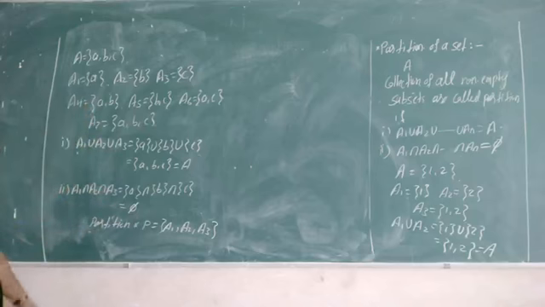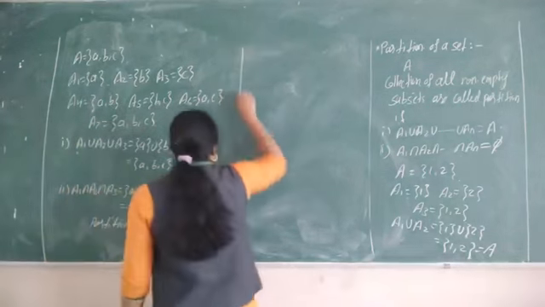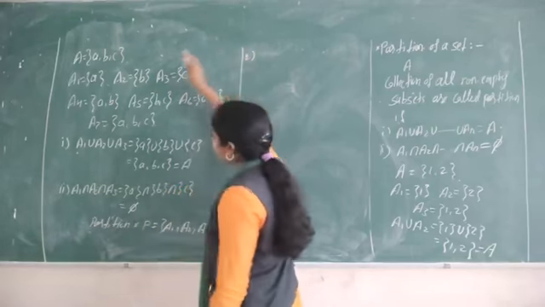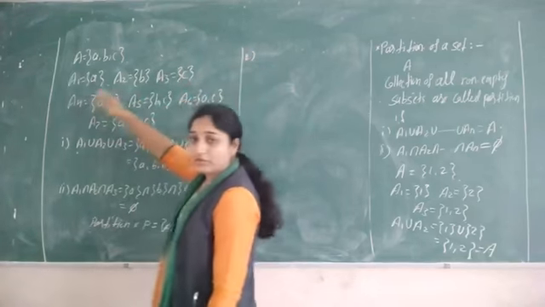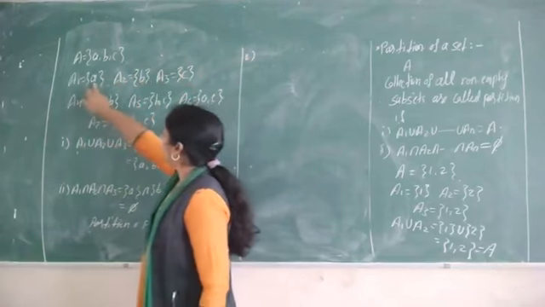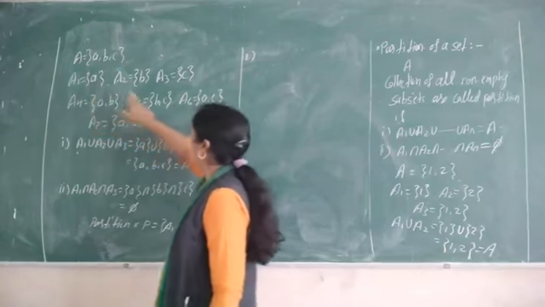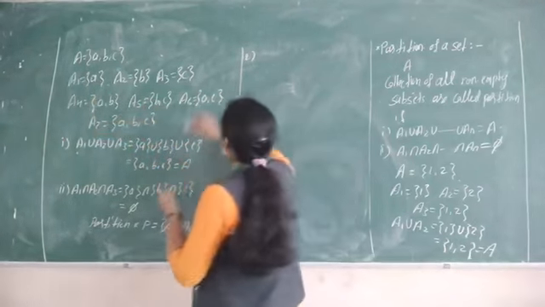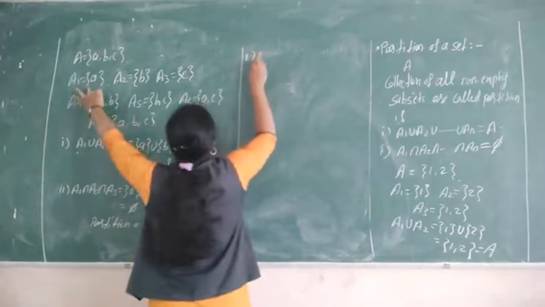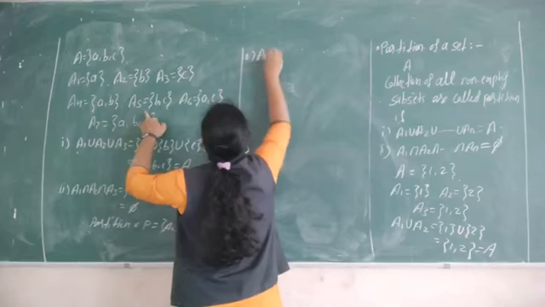We can find more partitions here. If you are taking {A} and {A, B}, A is common, so don't take that. If you take {A} and {B, C}, here we have A1 and here we have A5.